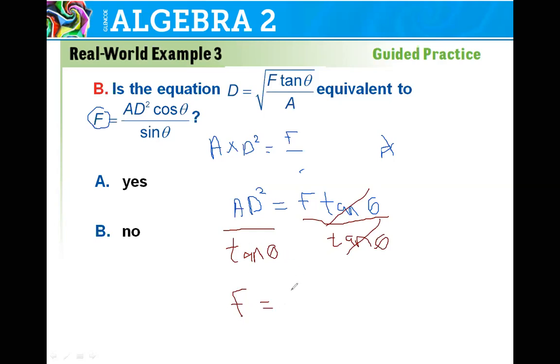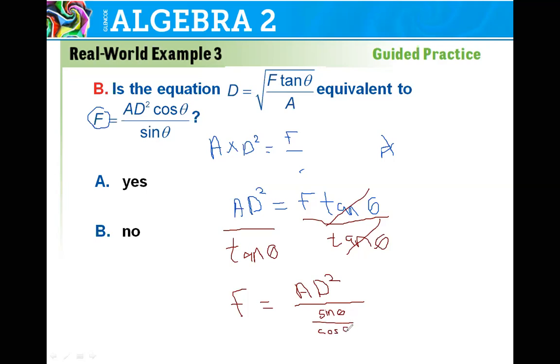Here f is equal to what? AD squared. Then opposite over adjacent, not cosine over sine. Stop. Pay attention. Tan is equal to what? Opposite over adjacent, which means sine over cosine. So I can write sine over cosine instead of tan.